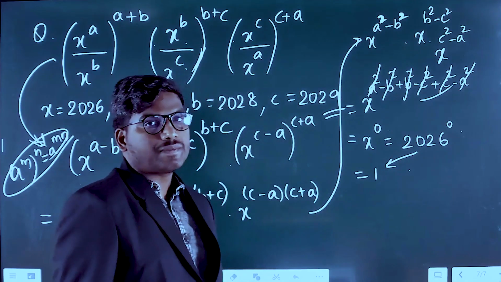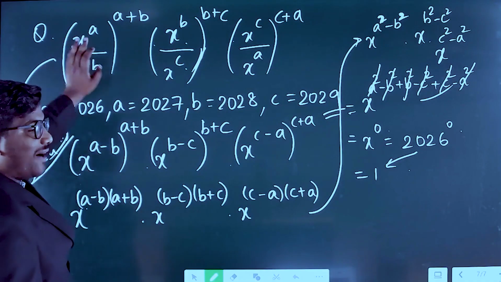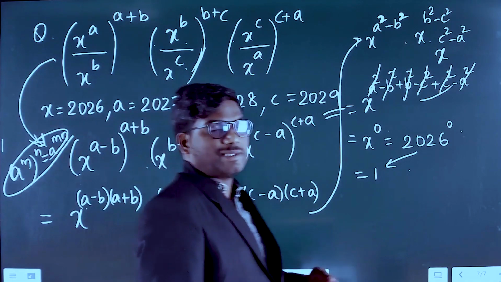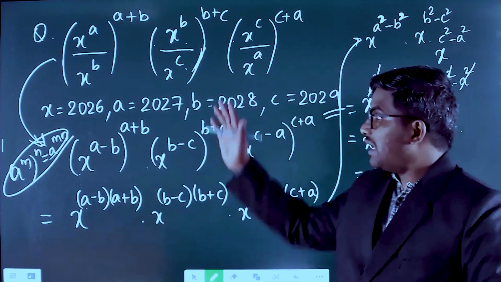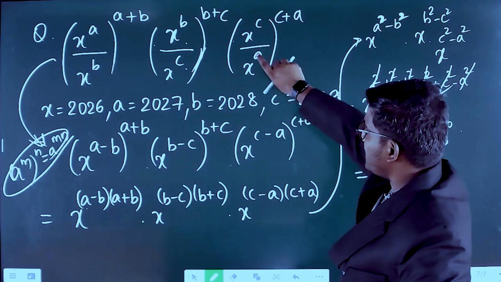right? So what did we do? We started off with considering x power a by x power b as x power a minus b, similarly x power b minus c, and very similarly this will be x power c minus a.